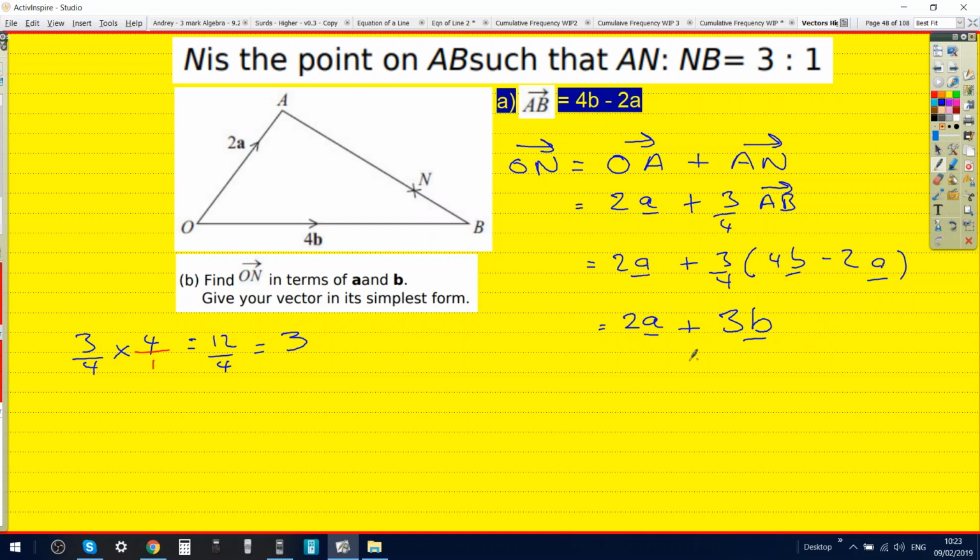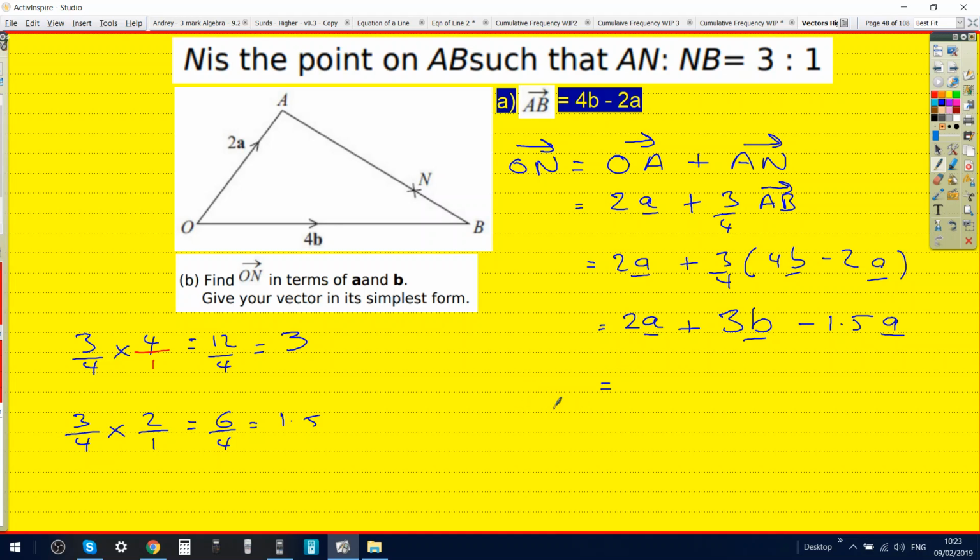And then 3/4 times 2 over 1, that's 6 over 4. Just simplify it. 1.5. Sure. So that is minus 1.5A.